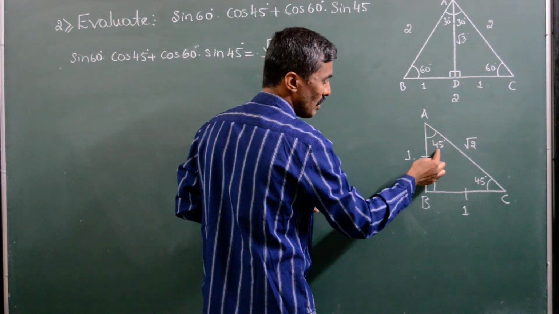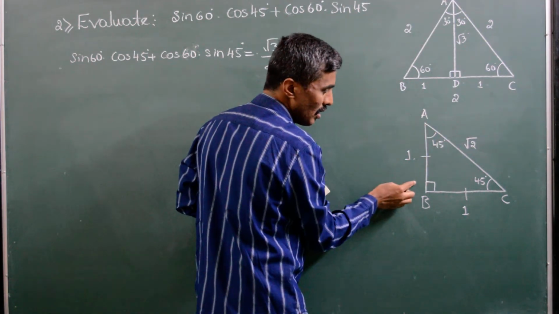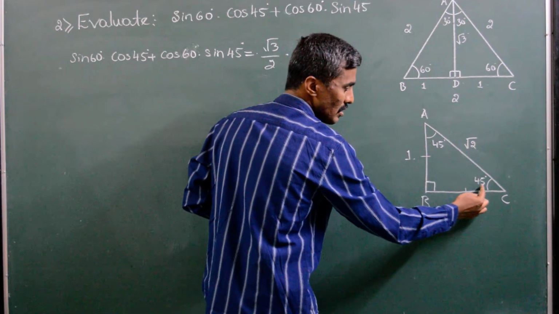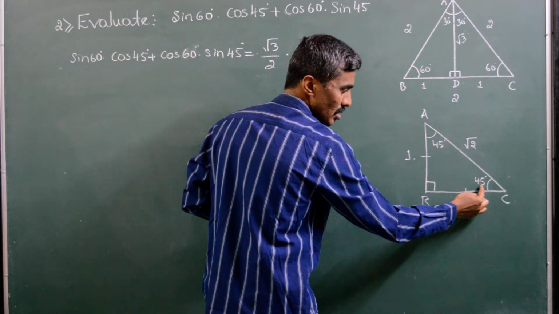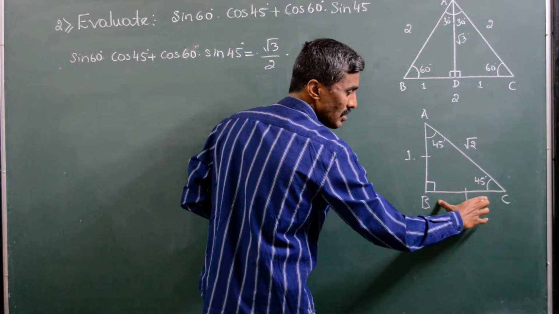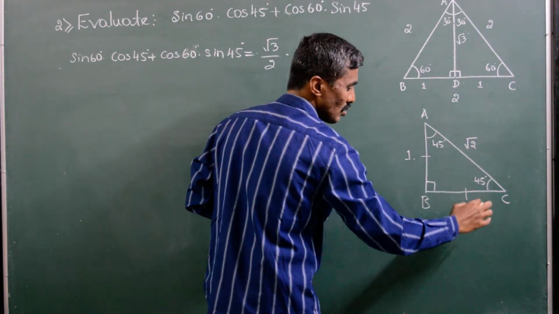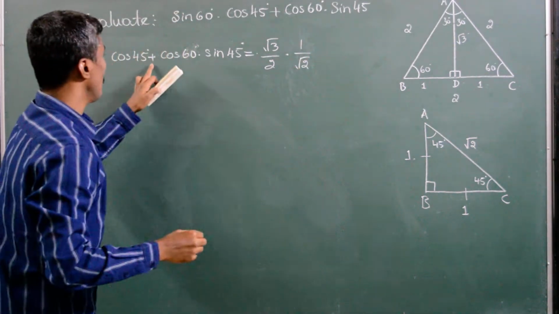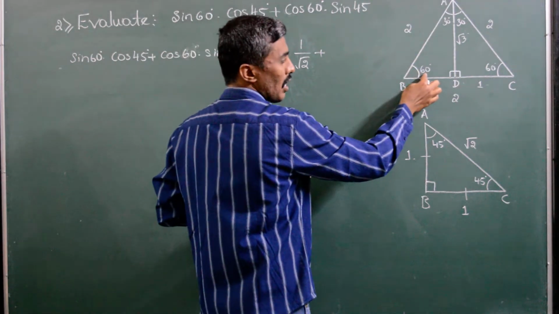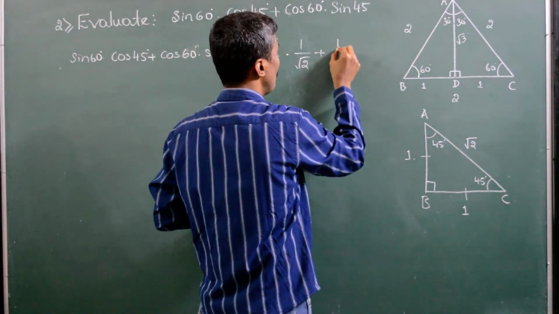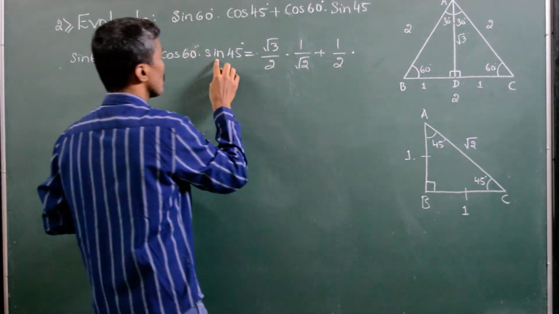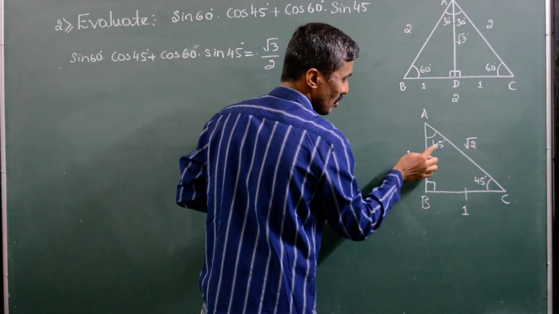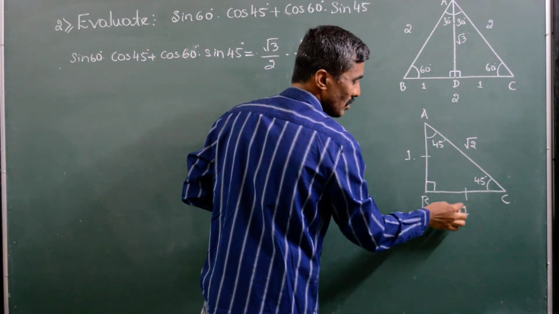Suppose I take 45 degree at vertex A, adjacent side is AB, hypotenuse is AC, root 2, therefore 1 by root 2. Suppose I take it at C, adjacent side for this 45 degree is BC, hypotenuse is AC, root 2, so 1 by root 2. Plus cos 60, adjacent side by hypotenuse, 1 by 2, into sin 45 degree, sin 45, opposite side by hypotenuse, 1 by root 2.